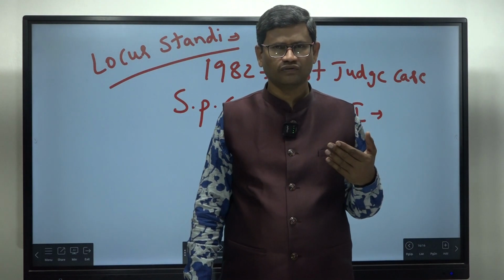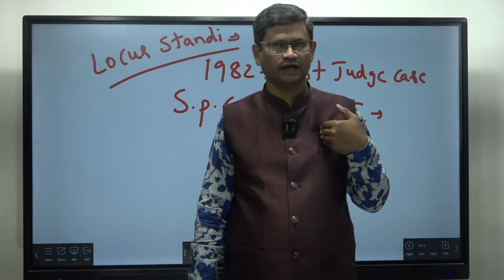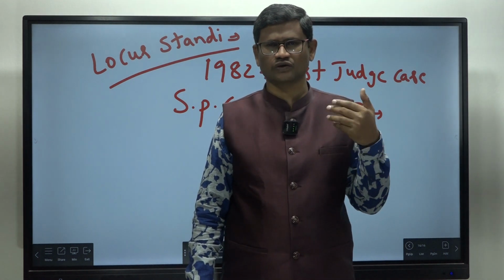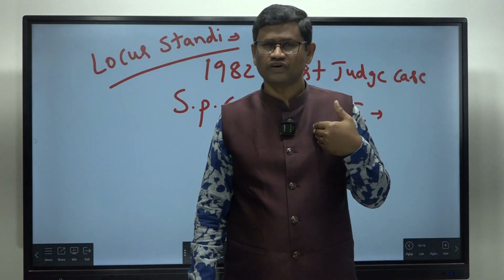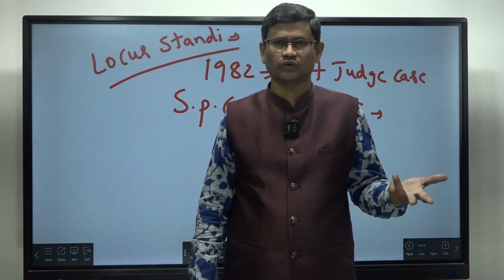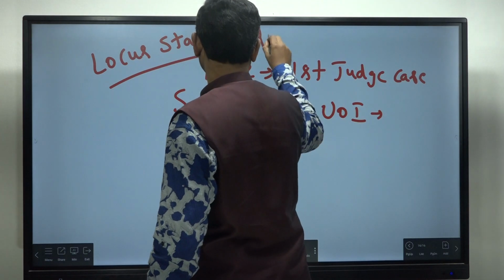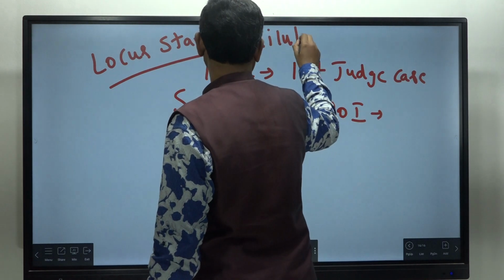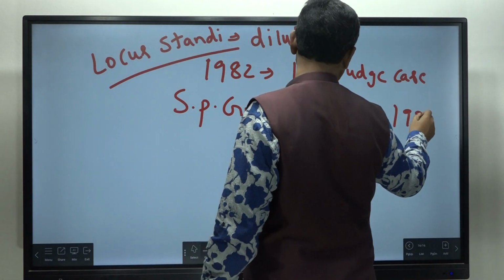If my fundamental rights are violated, I am the aggrieved citizen, I can go before the High Court or the Supreme Court. But on behalf of me, another concerned citizen cannot go before the High Court or Supreme Court. So this principle of locus standi was diluted in SP Gupta versus Union of India 1982 case.